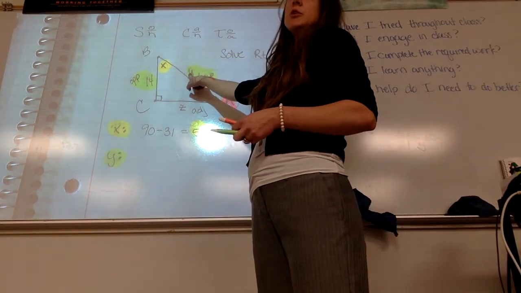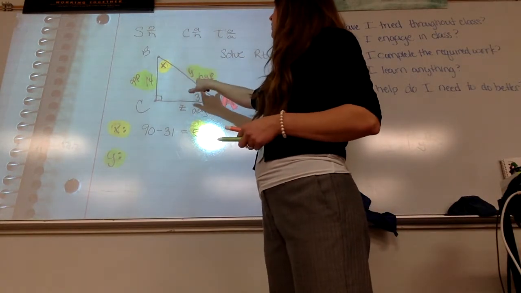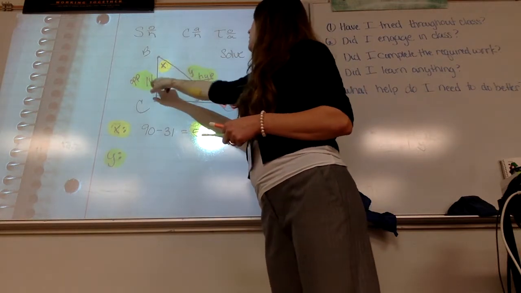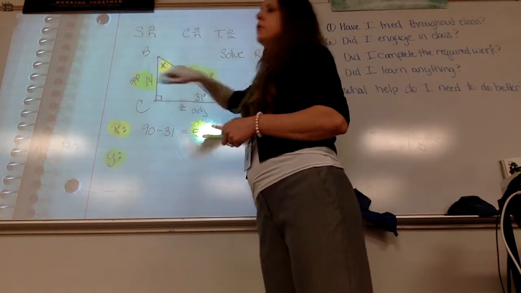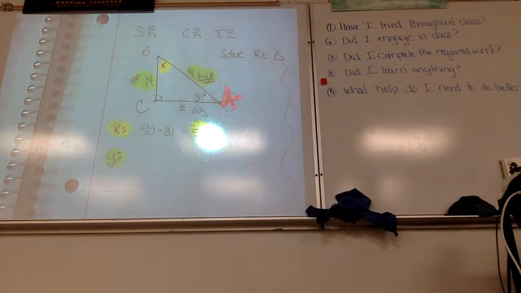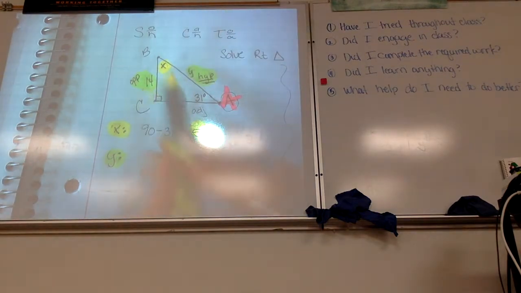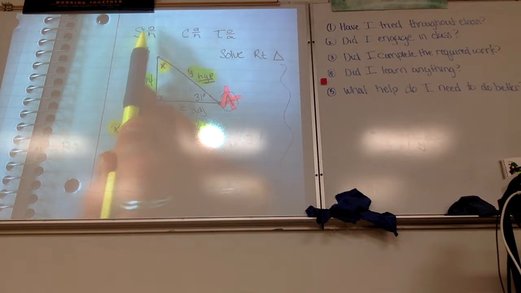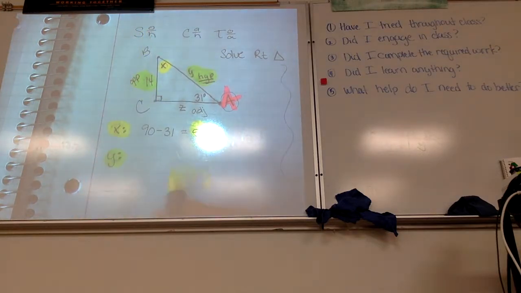I cannot have two, and that wouldn't be solvable. So I'm going to use the two in green, which are hypotenuse and opposite. So hypotenuse and opposite, is that sine or cosine? Opposite, hypotenuse, which one? Sine. Sine is opposite over hypotenuse. So for y, I'm going to do sine of 31.